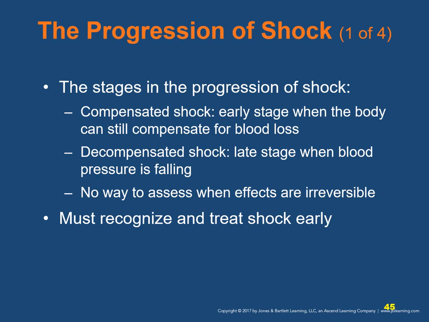Stage 3 is when shock has progressed too far. It is irreversible, and there's no way to assess when the patient has reached this point. It is imperative to recognize and treat shock early, well before the patient transitions into the decompensated phase.